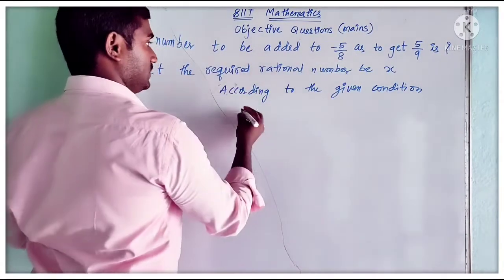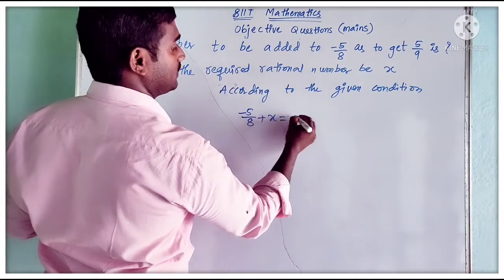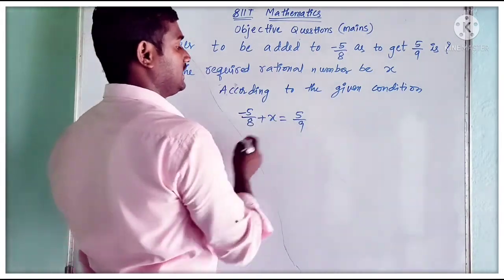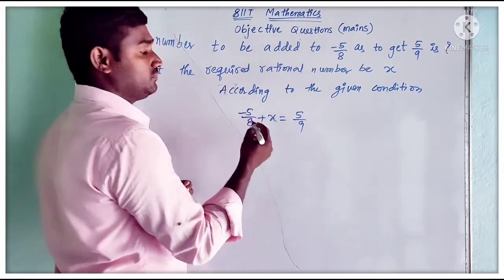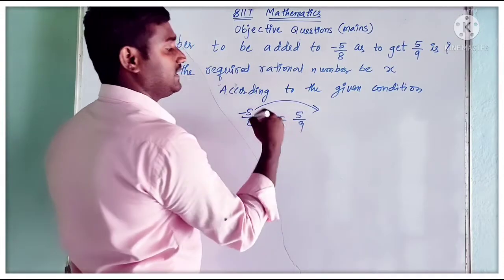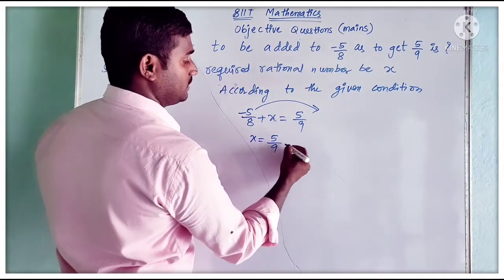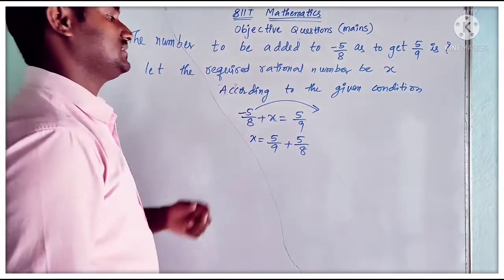So minus 5 by 8 plus x equal to 5 by 9. We want to find the x value, so we need to transpose this minus 5 by 8 to the right side. Then it becomes 5 by 9 plus 5 by 8.